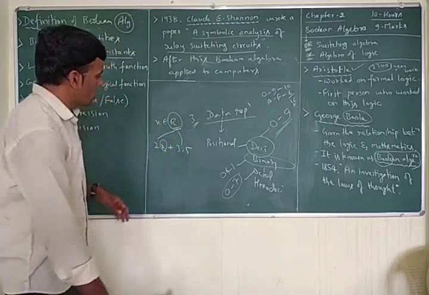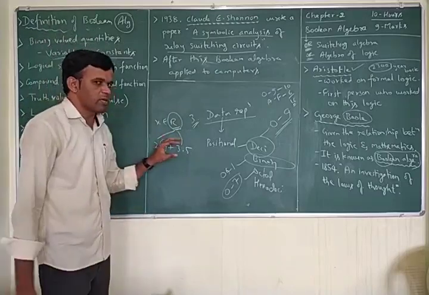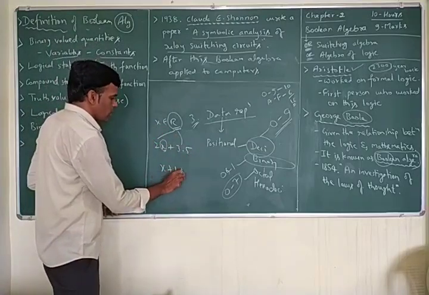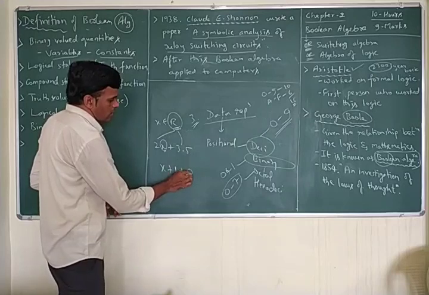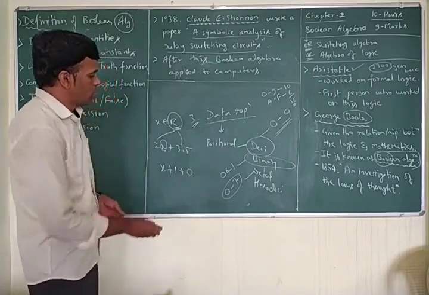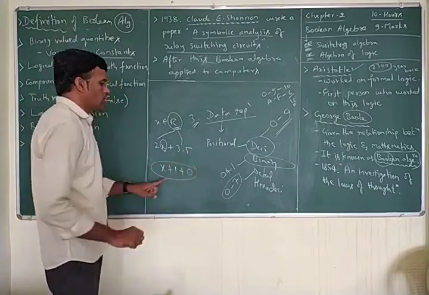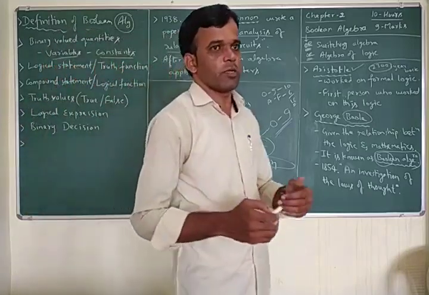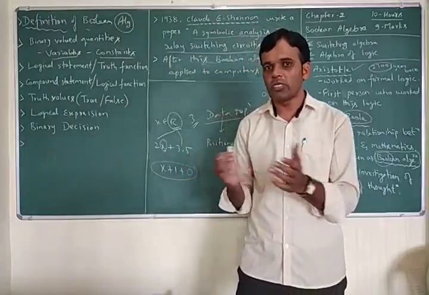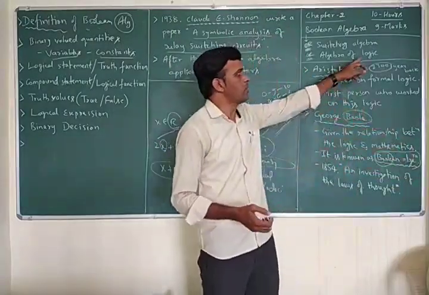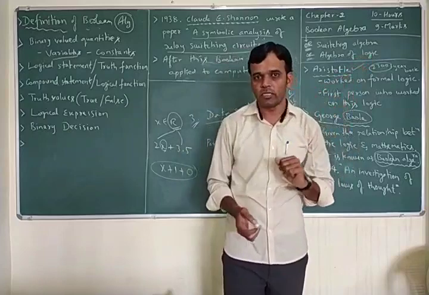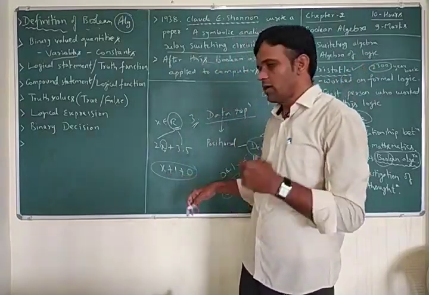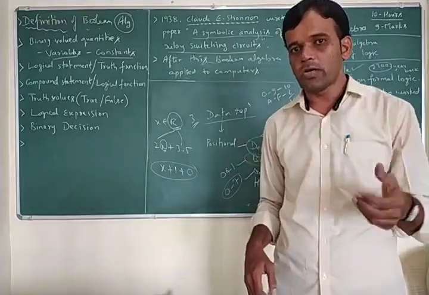But when it comes to a Boolean algebraic expression, we can have only the logical operators, not any other operators, because we are talking about Boolean. Boolean means logical algebra. So only logical operators we are going to see: or, and, not.